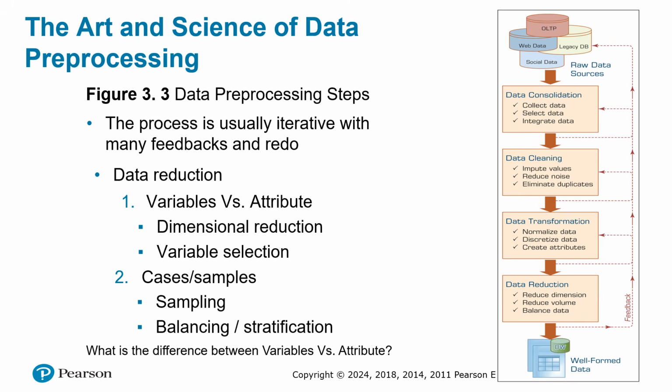Variable and attribute are the most commonly used terms. In the simplest way, I can explain that a variable is what changes in a numerical way, and an attribute is what changes in a non-numerical way. For example, variables are prices and measurements.